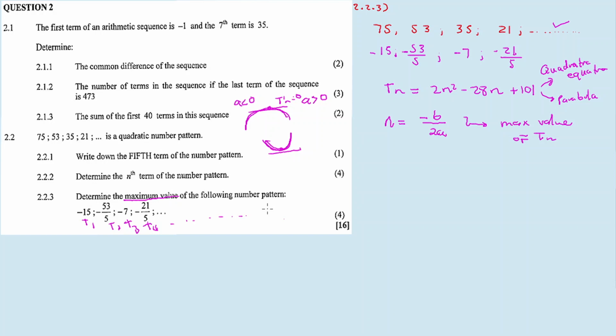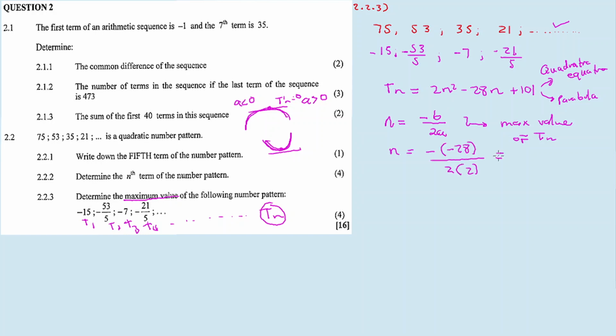When we compare with the other terms, it's the biggest value in this number pattern. We want that term, so we want to know which term number it is in this sequence. So n will be equal to minus b, b is minus 28, divided by 2a, a is 2.